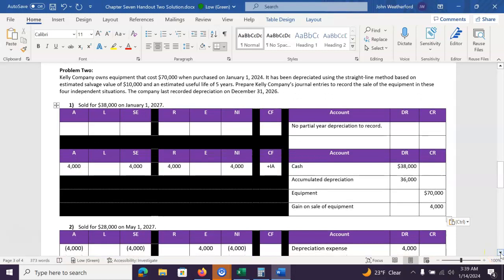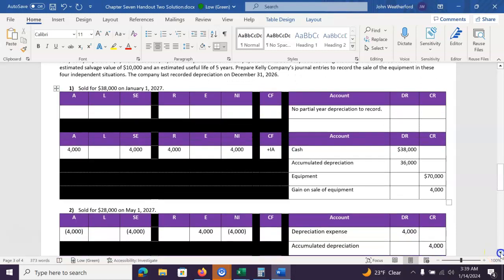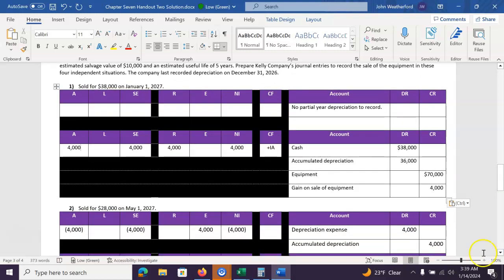We'll debit depreciation expense there for the $4,000 and credit accumulated depreciation. Now that increases expenses, causing net income and stockholders' equity through retained earnings to decrease, and the increase in the contra asset decreases assets.